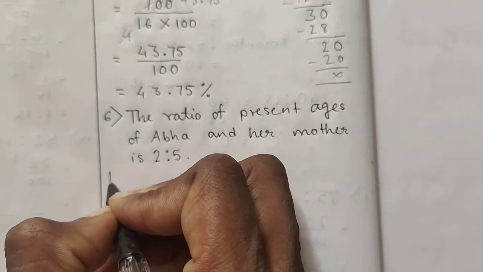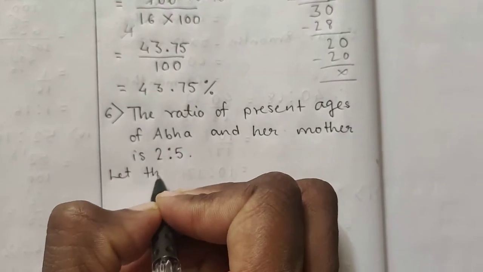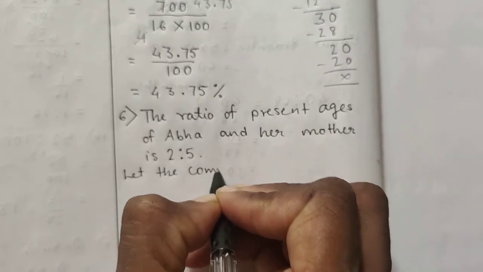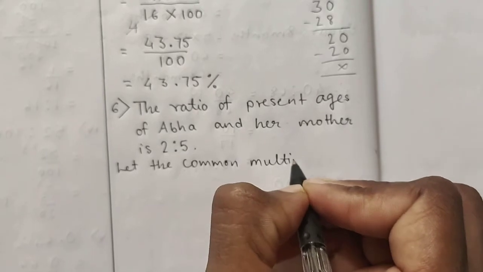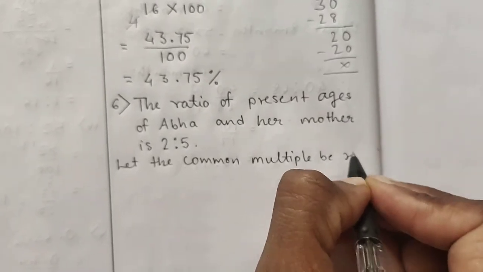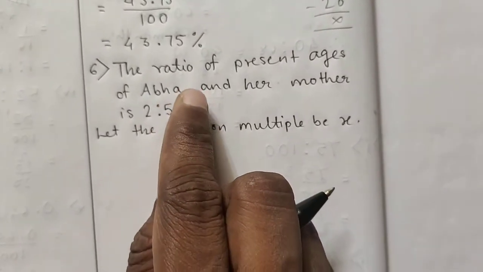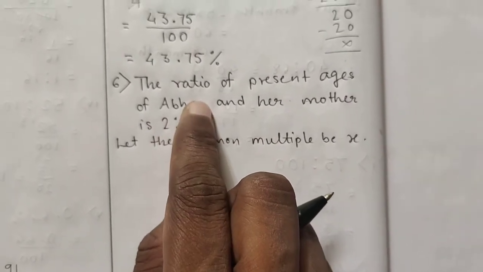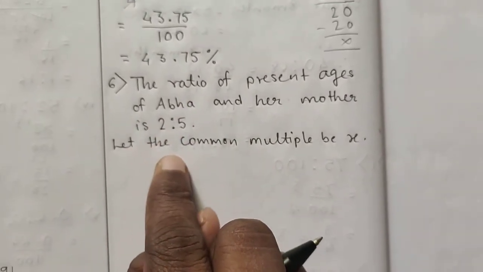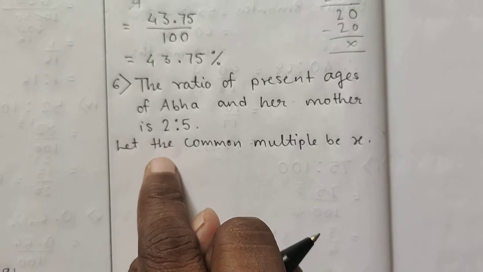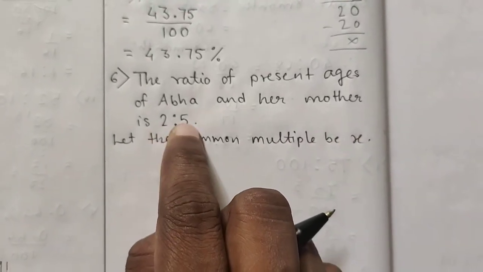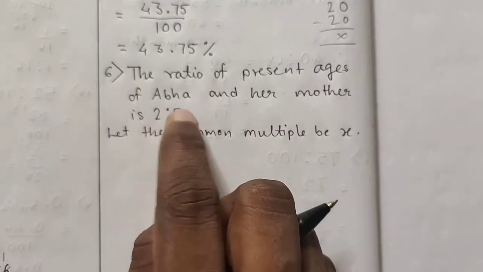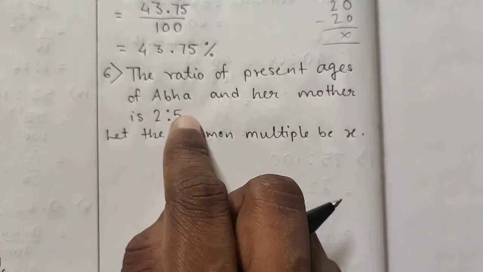So let us consider, let the common multiple be x. Remember students, whenever there is a ratio, in that case, you are going to always write this line, let the common multiple be x. That means this is 2x and this is 5x. You are going to multiply by x in both.